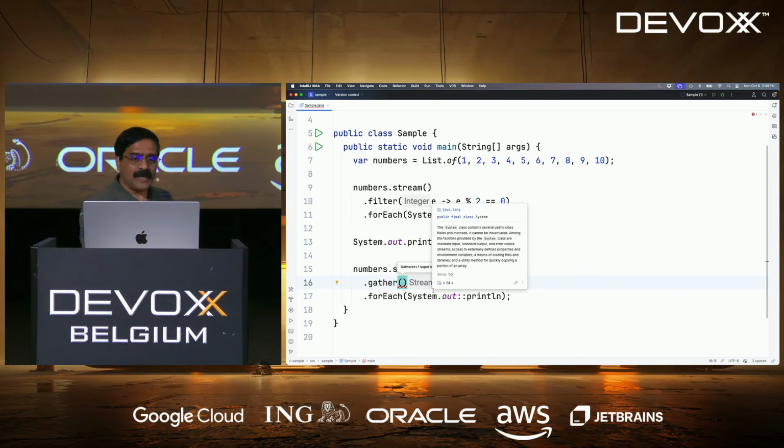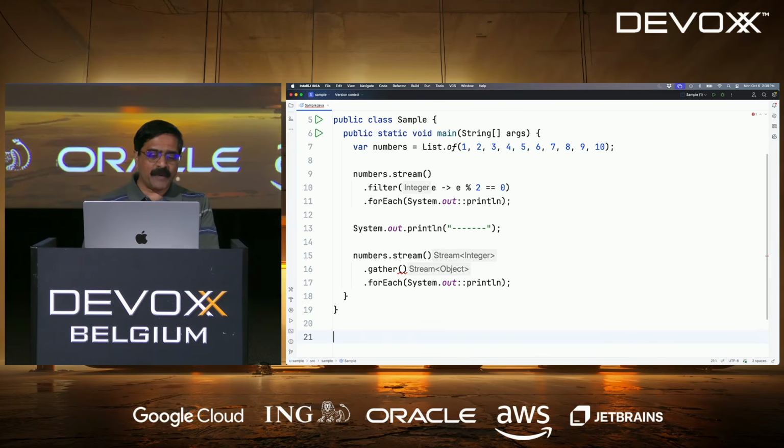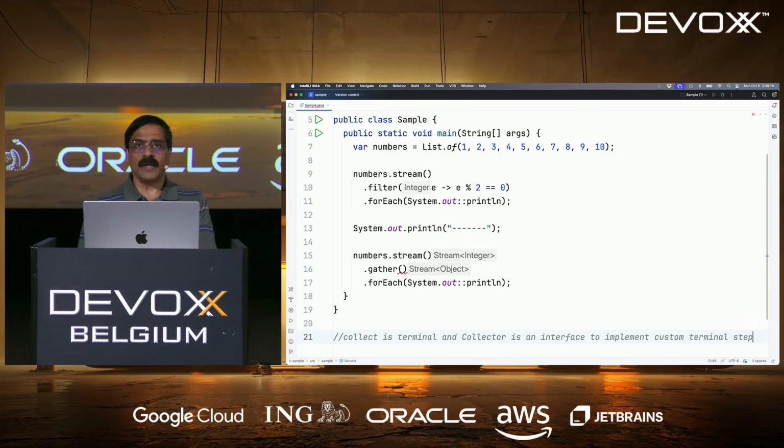So as you get the picture, collect is terminal, and Collector is an interface to implement a custom terminal step.